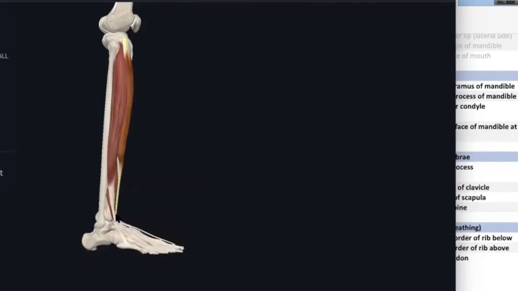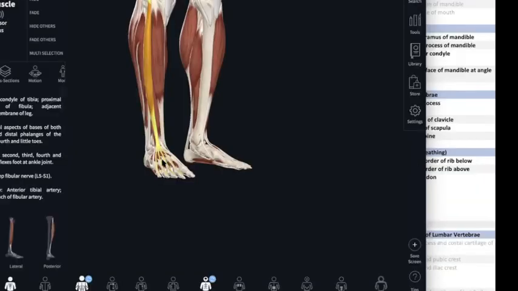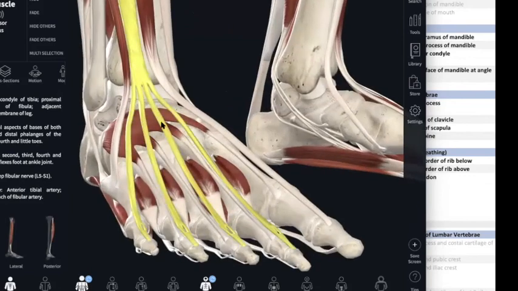Dorsiflexion, even though we'll consider it an extensor because of the extensor digitorum, is on the front of your leg, just like your quads with knee extension are on the front of your leg. So you go around, you've got your tibialis anterior, your extensor digitorum, which you'll be able to tell because they're going to run down the digits right here.